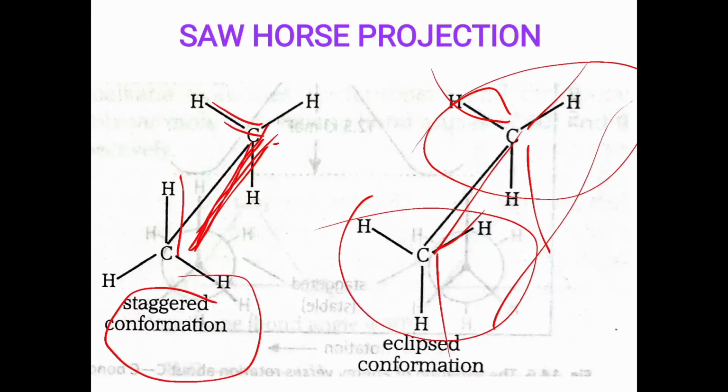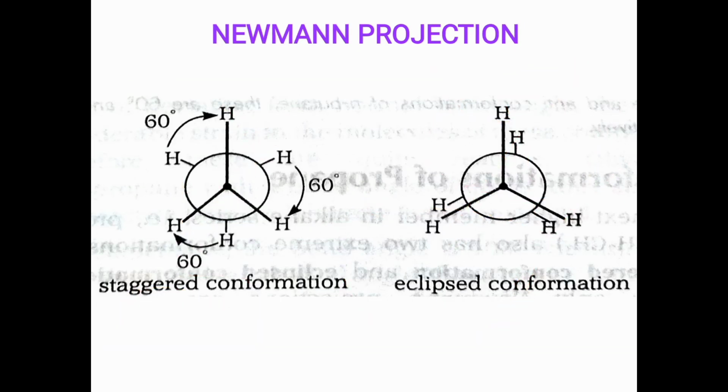Further, this is also to be read in class 12. Example here, overlap is shown. In the second figure, we are looking from one carbon to the other carbon directly vertically. So this hydrogen and this hydrogen are on the same line, and similarly the others are also on the same line.